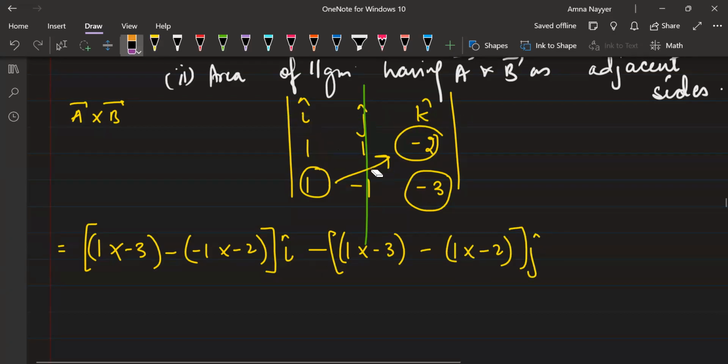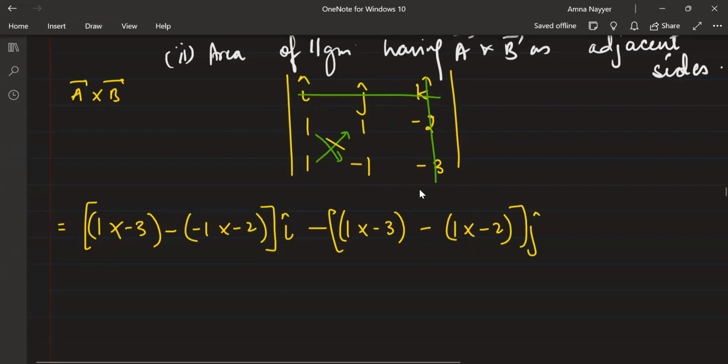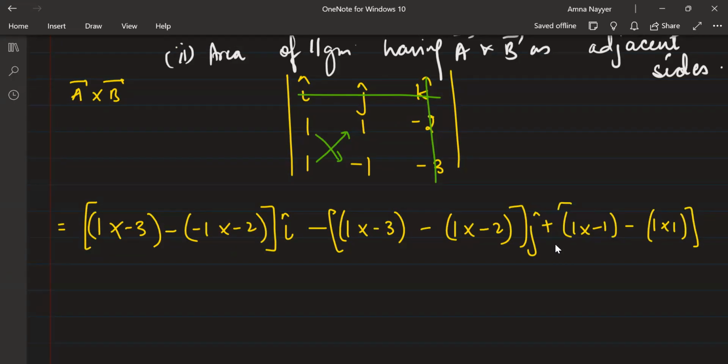Then let's come to k cap. We cut this, we go like this, then we go like this. So for k cap, I'll have plus 1 into minus 1 minus 1 into 1. Now see, what am I left with? What is my A cross B equal to?